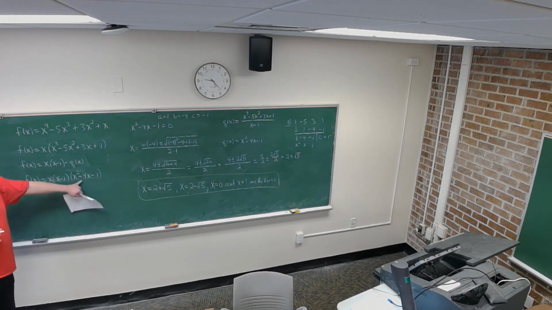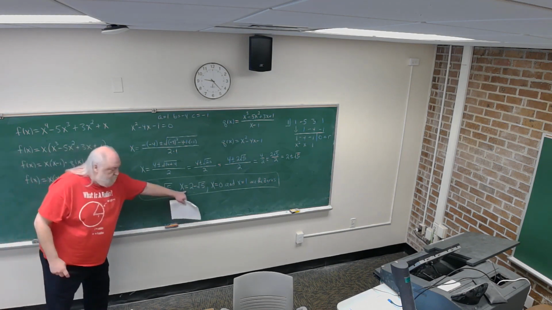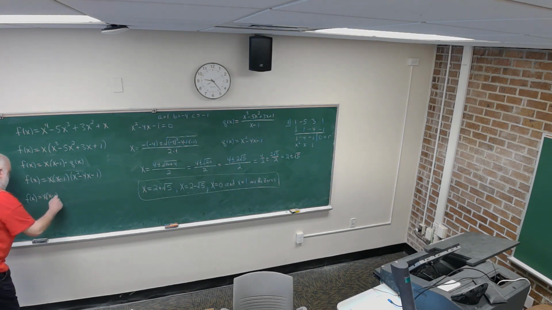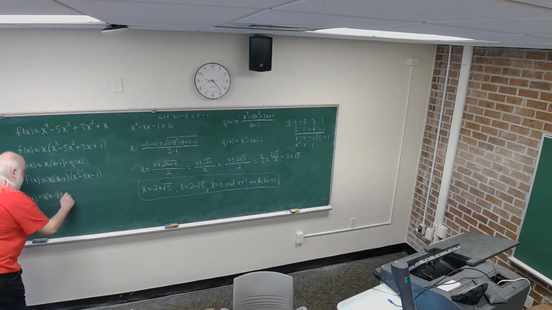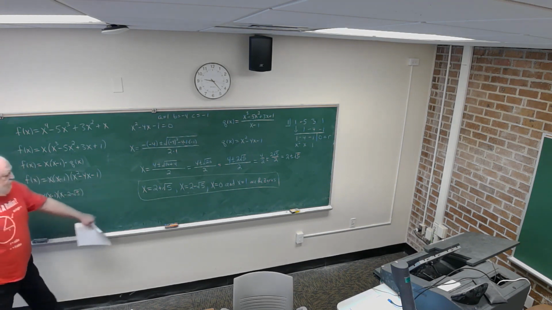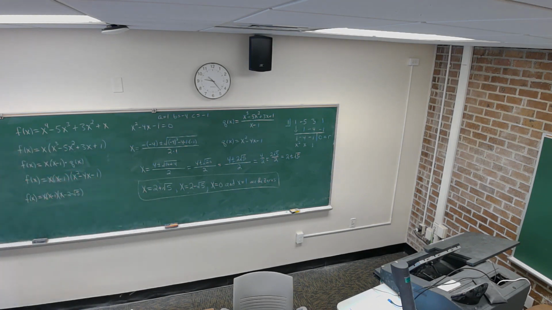And now we can factor f of x because we know what the zeros are. So we have f of x is equal to x times x minus 1 times x minus 2 minus the square root of 5. Remember, you just move everything from the right-hand side to the left-hand side to get the factor. The factor theorem says if x equals c is a 0, then x minus c is a factor.